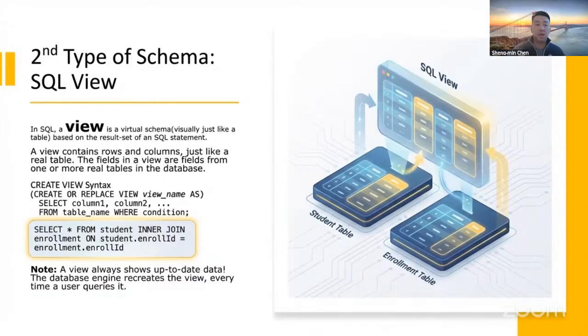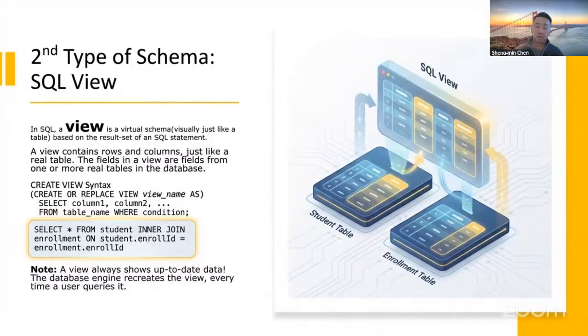So when you create a view, name it, and follow it with as and a select statement, essentially you are now storing that query. This is very important: you're storing that query, not the data. You're storing that query as the structure of this view.